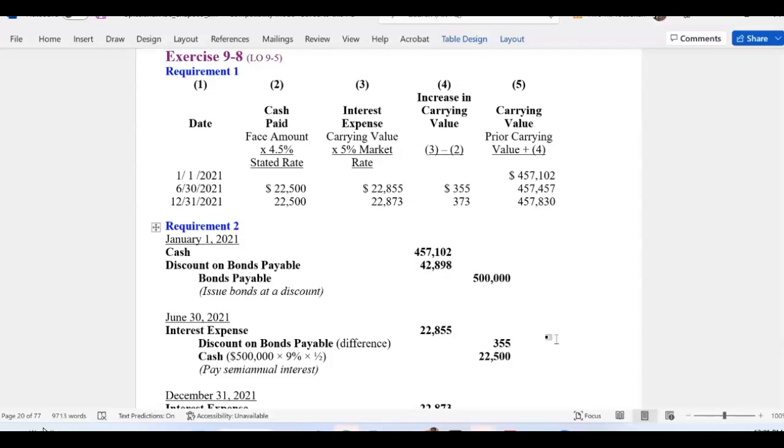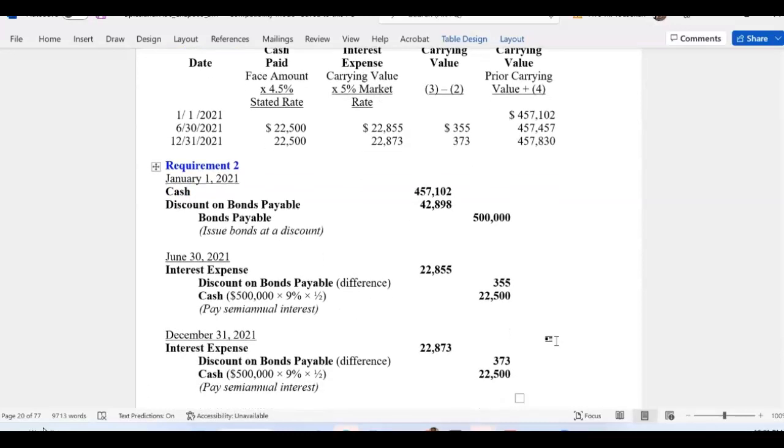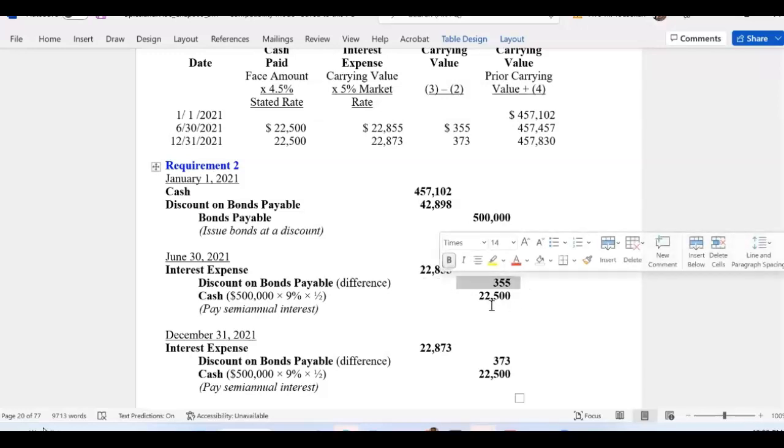Okay. So the first payment comes up. The interest expense is 22,855, that one, right? But the company is paying 22,500, right? So there's a difference. We call it plug-in. The plug-in here is 355, the difference of those two.